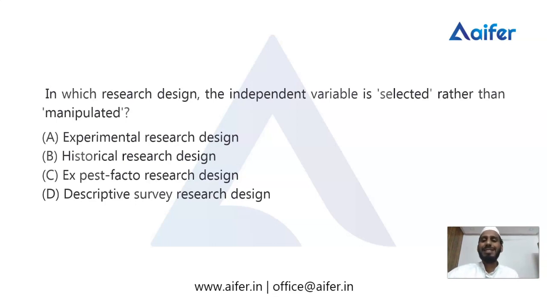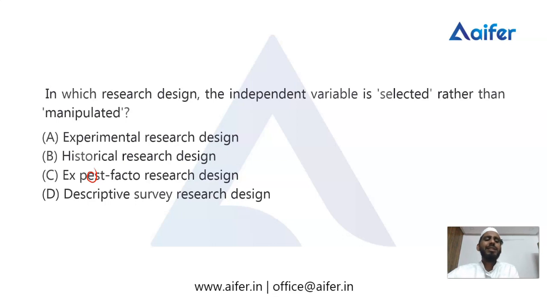Here there are four options: experimental research design, historical research design, ex post facto research design, and descriptive survey design. Here is just a spelling mistake in ex post facto method. So what would be the answer?